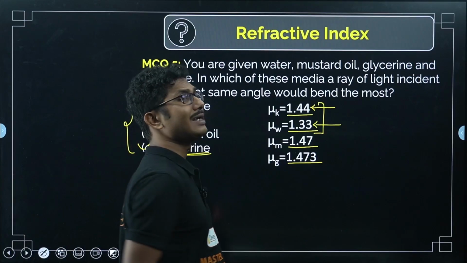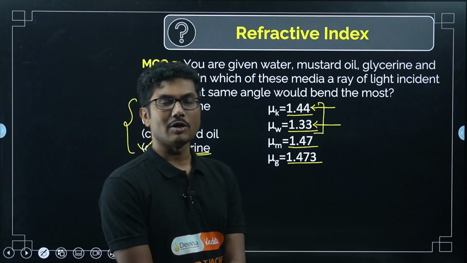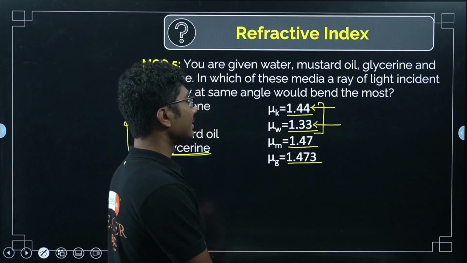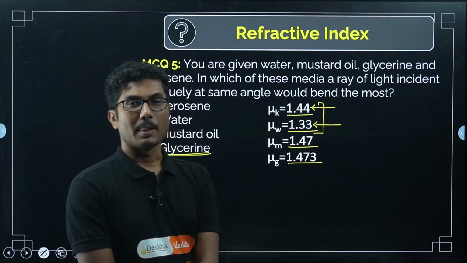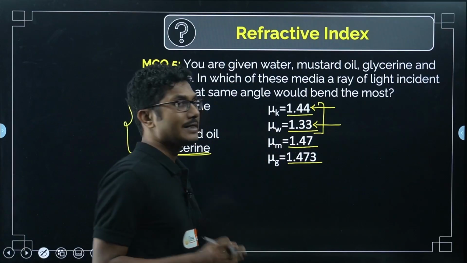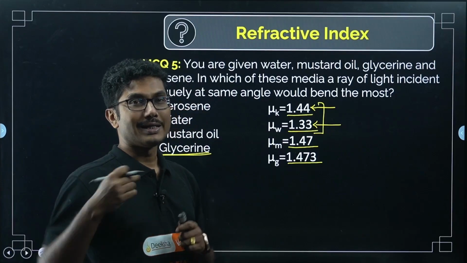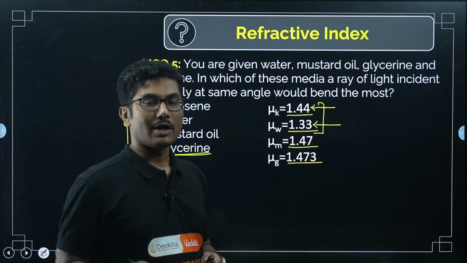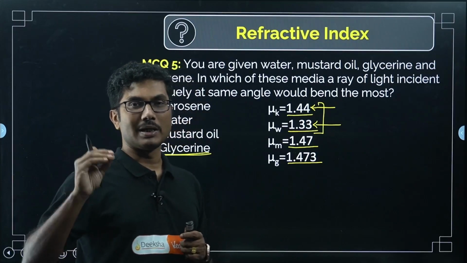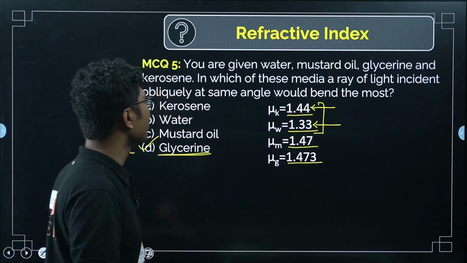But in case of glycerin, glycerin is not only denser in mass density, it is also denser in optical density. Okay, so this is one of the examples where mass density is less but optical density is more. Sometimes you might face this term density or mass density, or optical density. Density normally means mass density, optical density means refractive index. That much you have to remember.